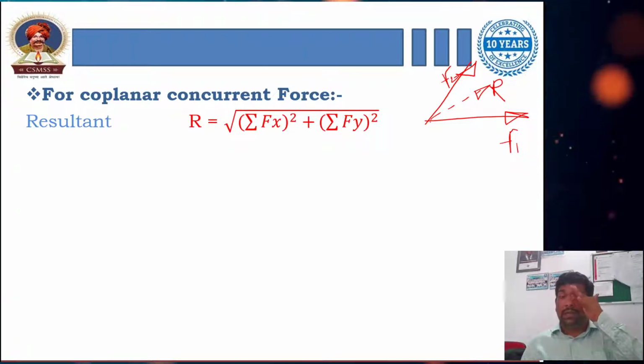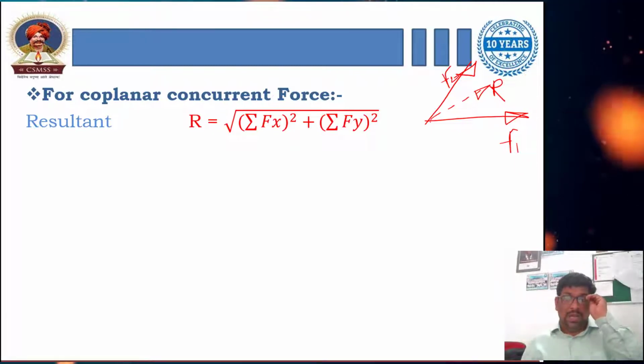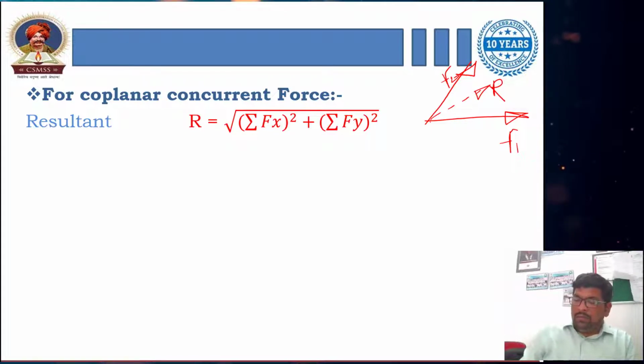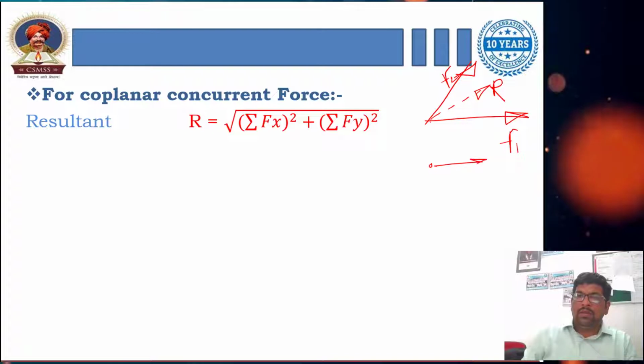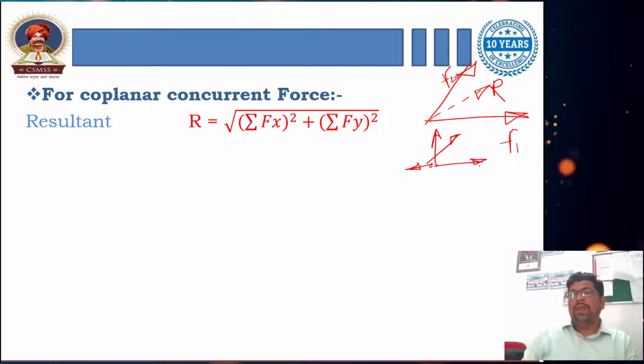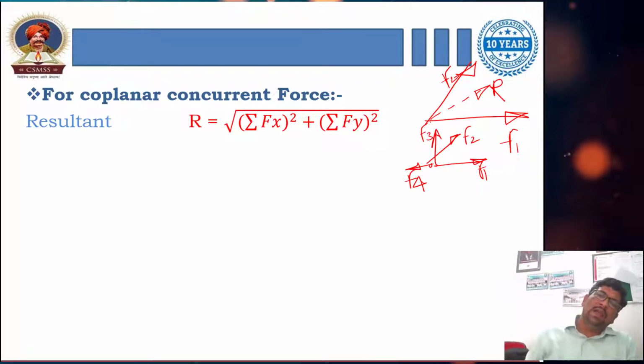And that's how we find the formula for this R. The resultant is equal to the square root of the summation of Fx squared plus the summation of Fy squared, because n number of forces will be acting on the point. For example, if you have F1, F2, F3 and F4, likewise you will have n number of forces.